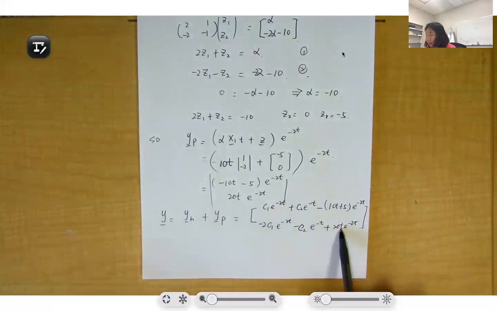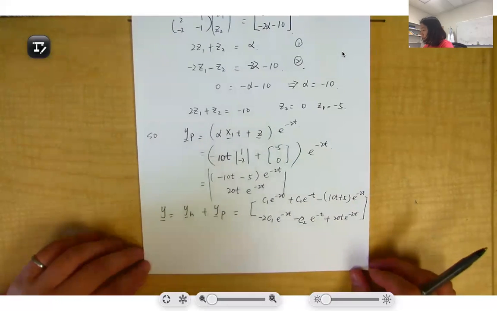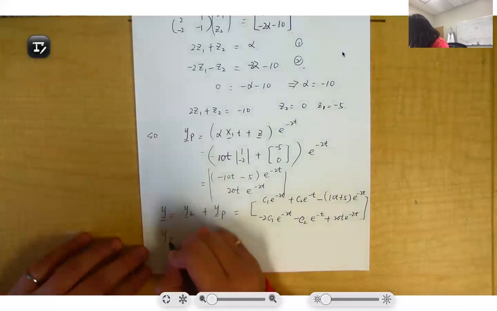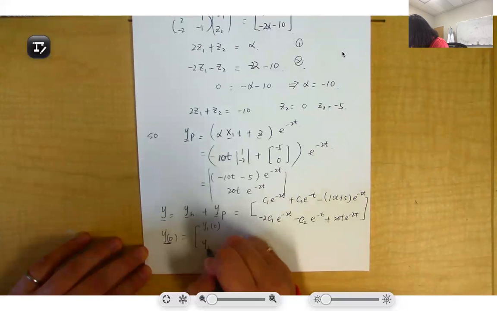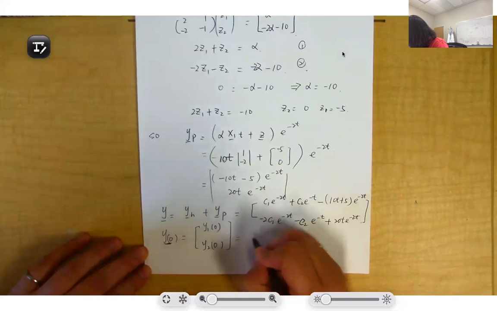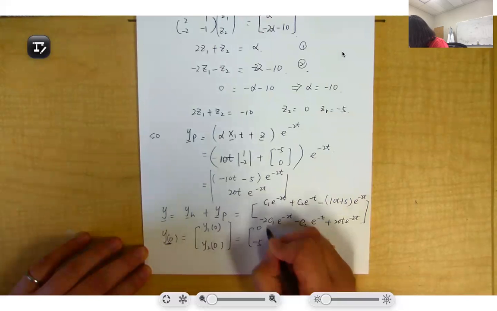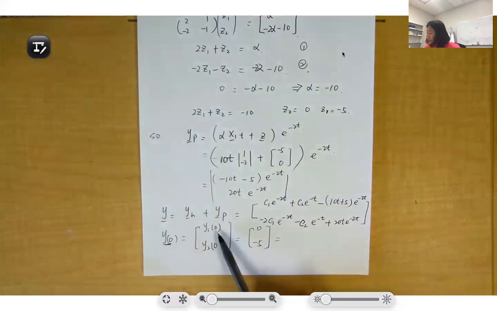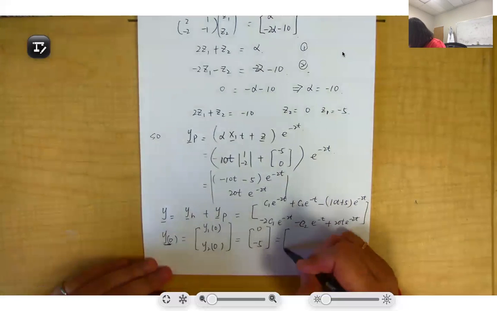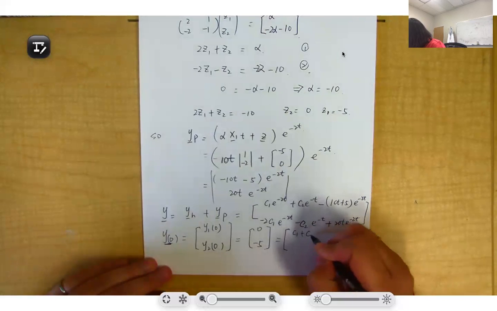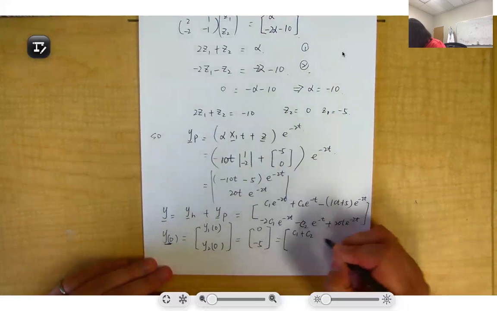Then in order to find the unique solution, you need to introduce your initial value problem, right? Going back to our main topic, initial value problem. We know y(0), that is the initial value. So y1(0) and y2(0) equal 0 and negative 5. If you put 0 for t, you get two equations here: the first is c1 plus c2 equals -5.